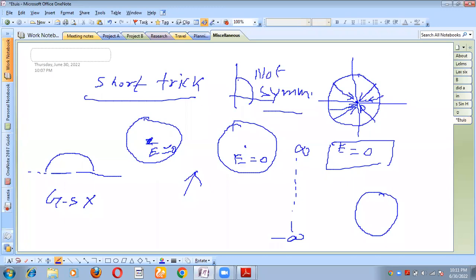How will we consider a Gaussian surface? A Gaussian surface should be such that at each and every point the electric field is the same. When we are applying Gauss law, we have to consider a Gaussian surface with the electric field the same at each and every point. Here we have a two-dimensional structure.